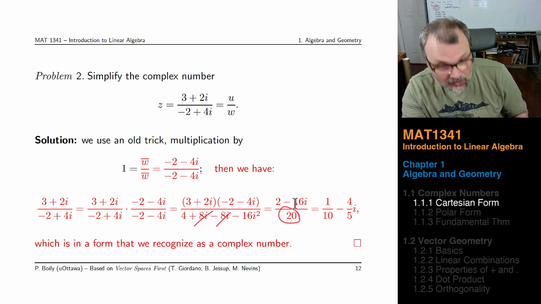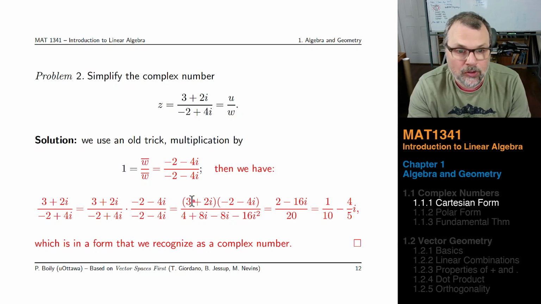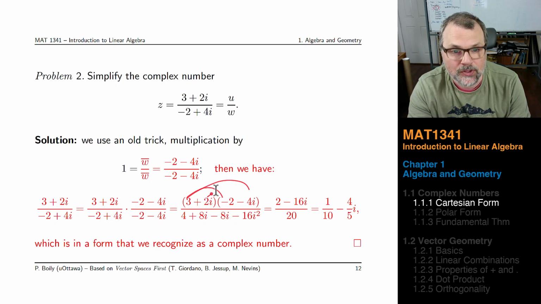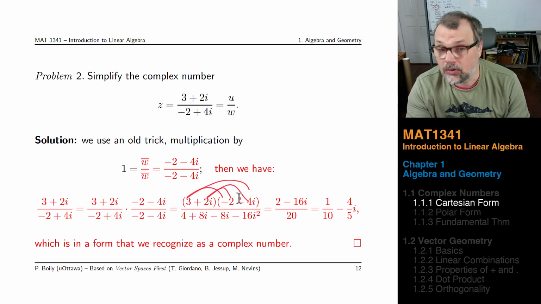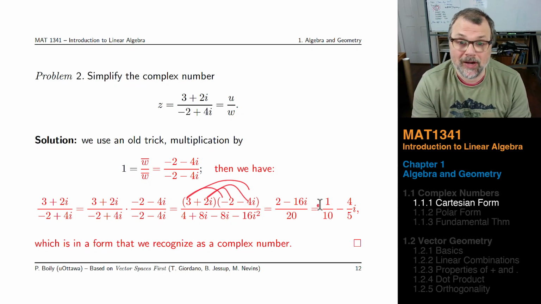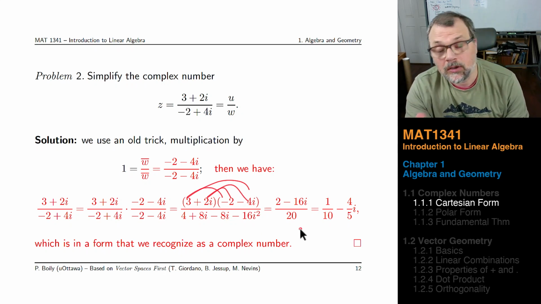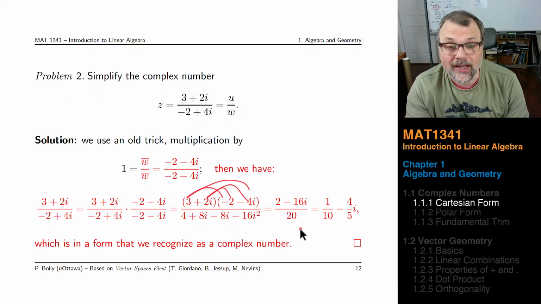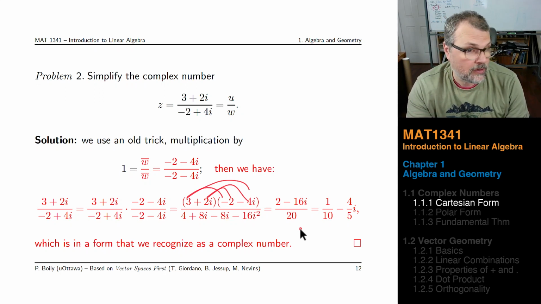That's great. Now for the other numerator, you do FOIL again. 3 times minus 2 plus 3 times minus 4i plus 2i times minus 2 plus 2i times minus 4i. You work it out, you will get 2 minus 16i, which, divided by 20, you can break down as 1 over 10 minus 4/5 of i.